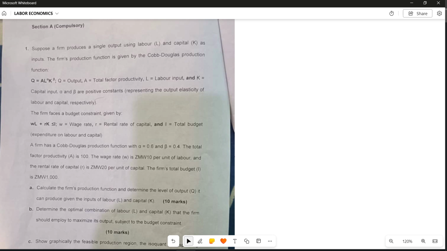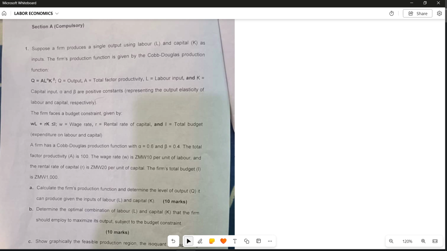So the question is saying, suppose a firm produces a single output using labor and capital as inputs. Remember, this firm is into production. For it to produce a given amount of output, it needs the factors of production, and in this case, those factors of production are capital and labor. Then the firm, of course, has to use some form of a production function.